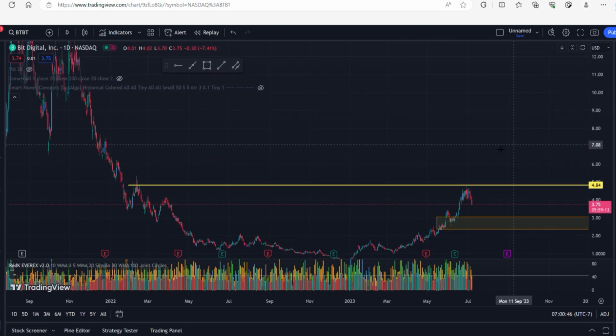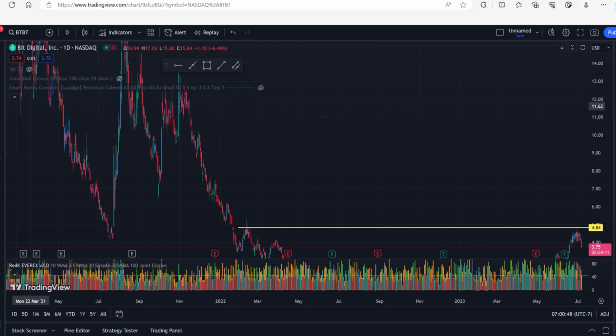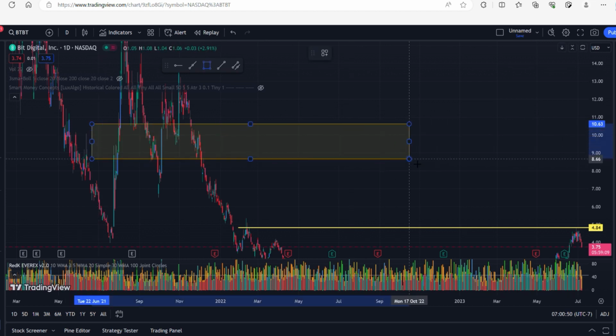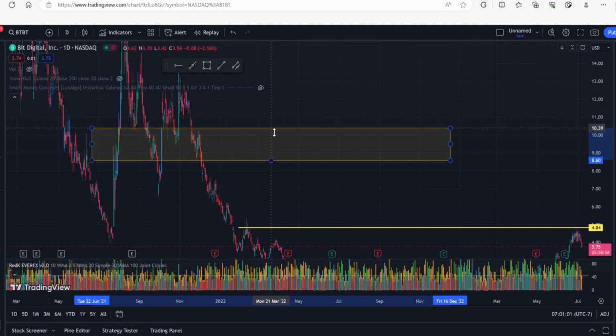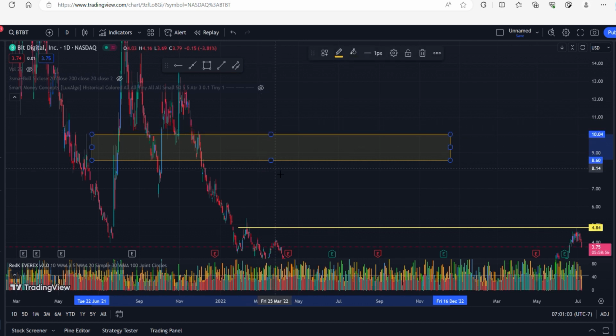So if we get above this, it's kind of a straight shot up into this resistance area here. Up to here, into this resistance area between the 850 and the 1050, maybe even just $10 probably. Yeah, somewhere around there. There's a lot right over here.